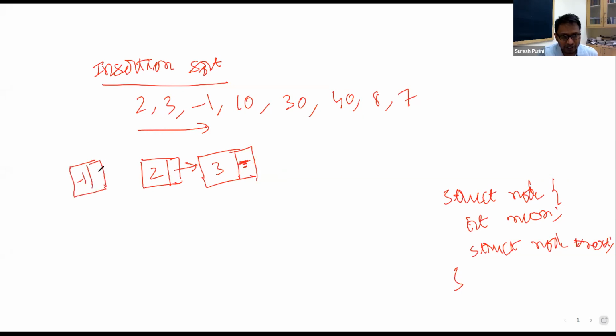So we create -1 and we create a link to this -1 and put it here. So if you see, inserting -1 is pretty simple when we are using linked lists. And then when we want to insert 10, null is not /0. Null is actually equal to 0. I think /0 is also 0, I guess.